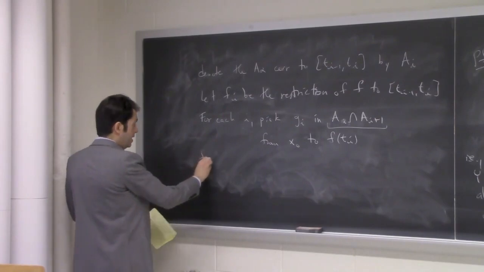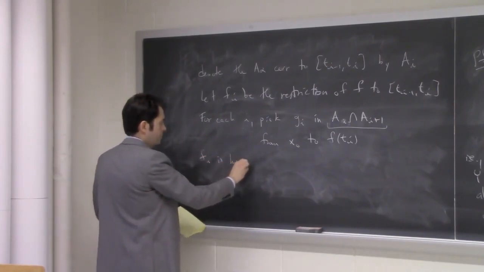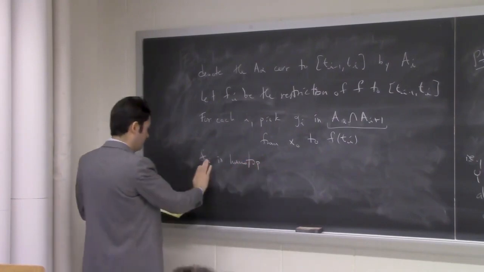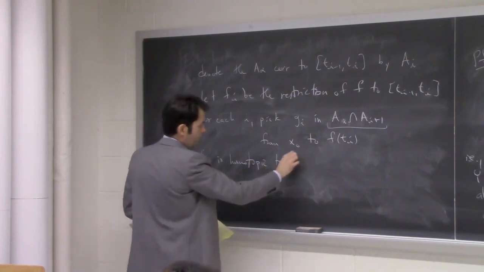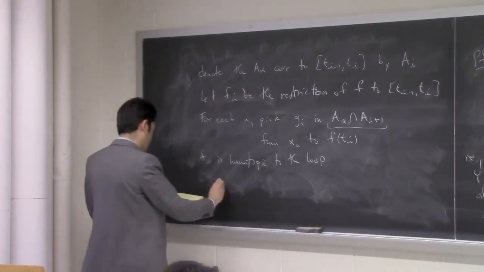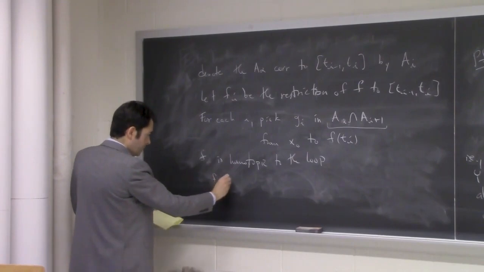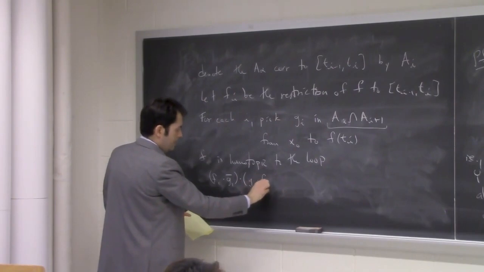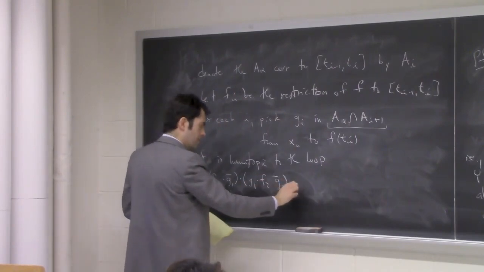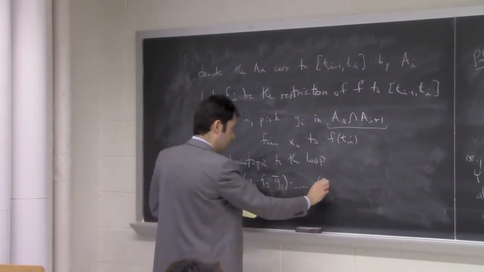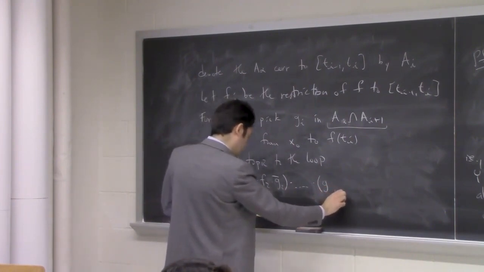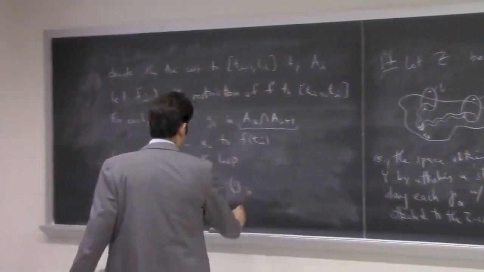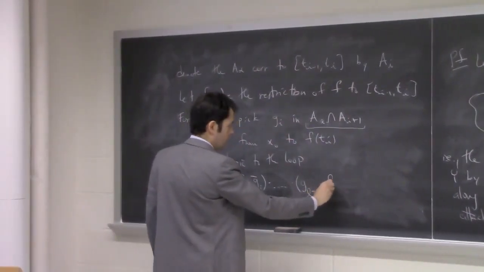Okay, so F itself is homotopic to the loop F1 dot G1 bar, and then do G1 F2 G2 bar, and keep going until you do G_{L-1} dot F_L.